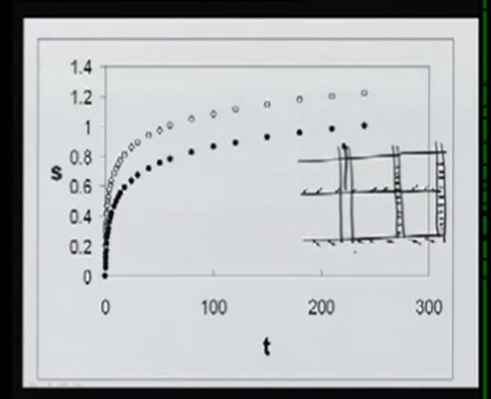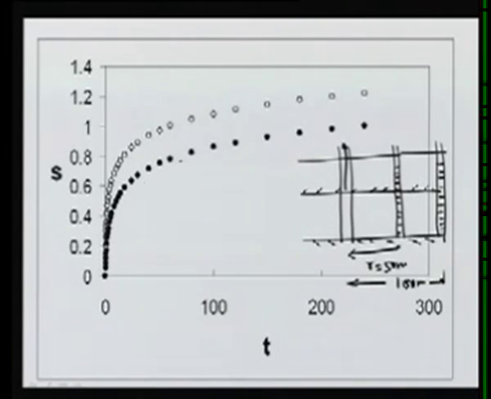One may be, let's say, r equal to 50 meters, the other may be, let's say, 100 meters. So naturally the 50-meter well will show a larger drawdown, and the 100-meter well will show a smaller drawdown.